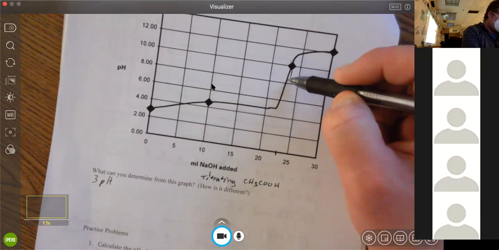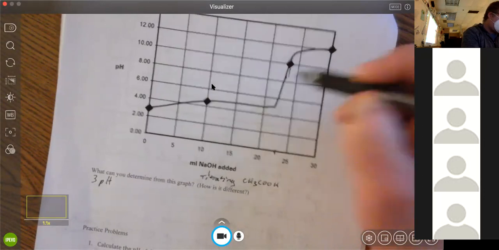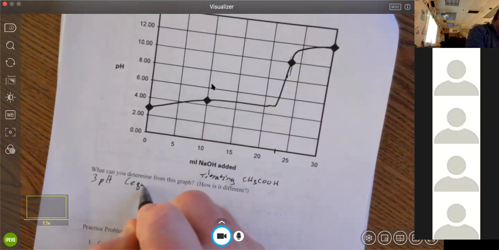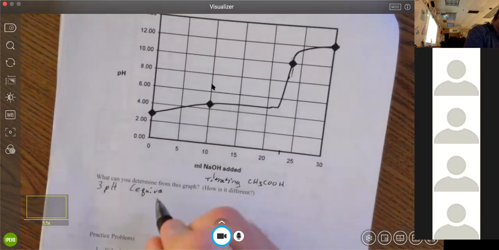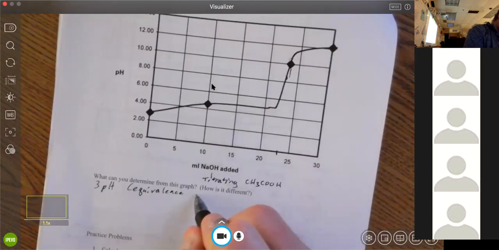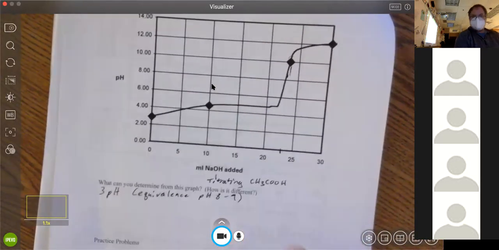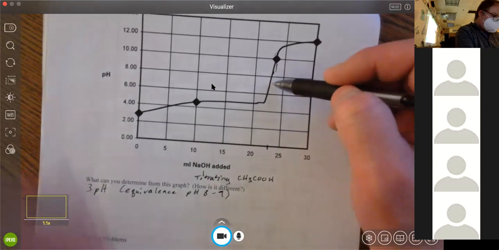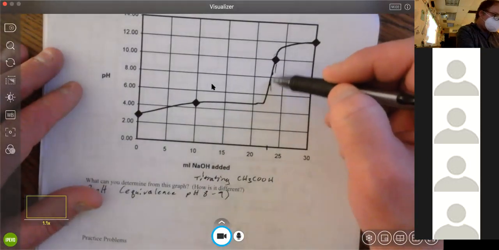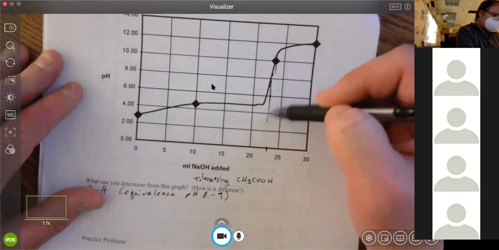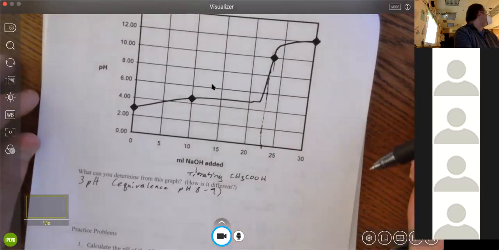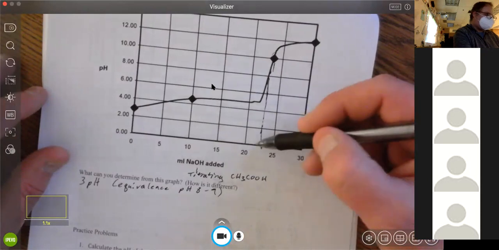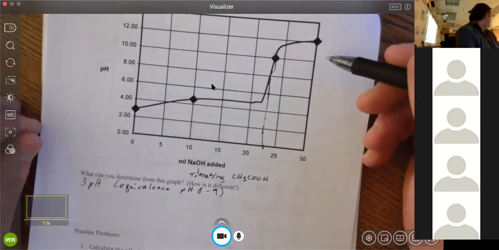Halfway about here, between 8 and 9. What else? What did it take us to reach the equivalence point? Between 20 and 25, we could probably narrow that between 23 and 24.